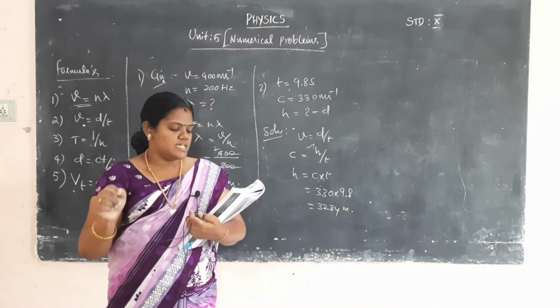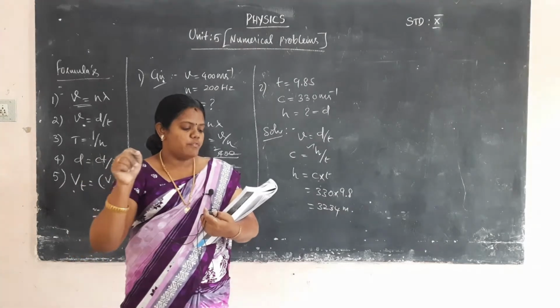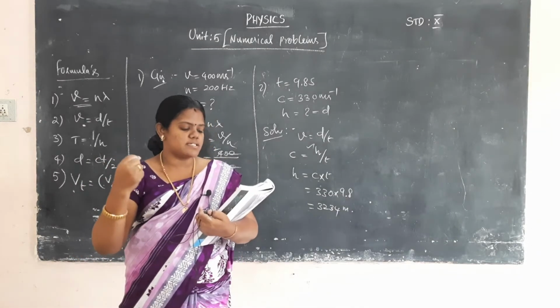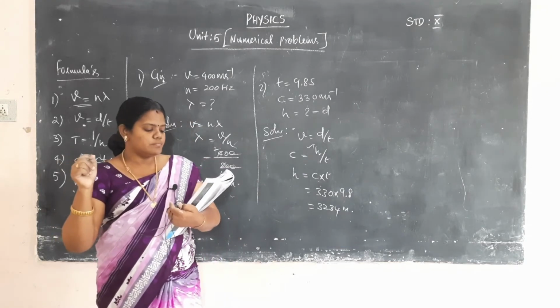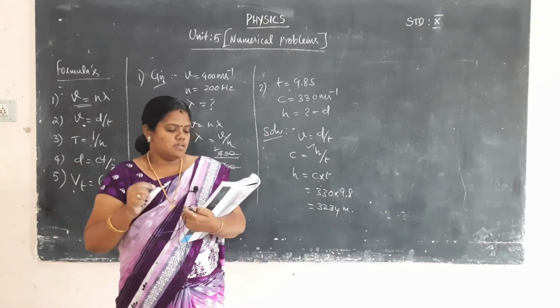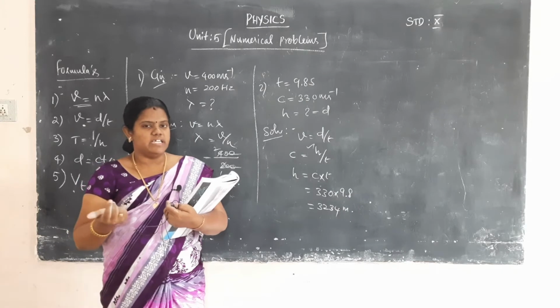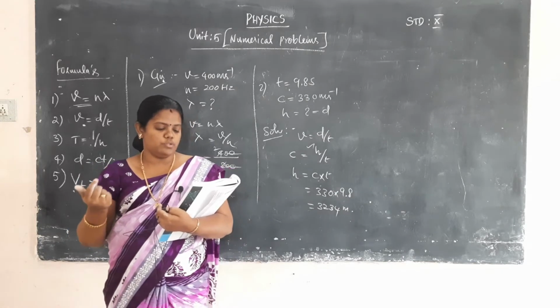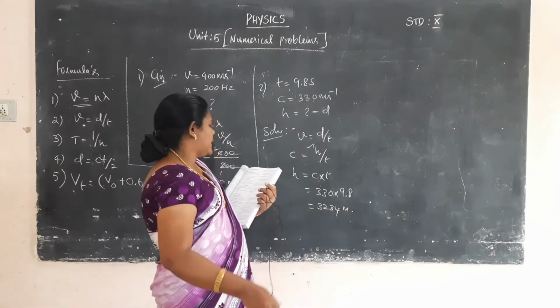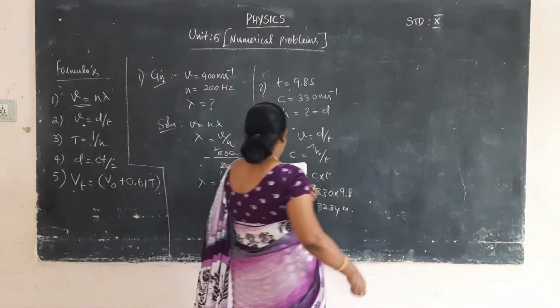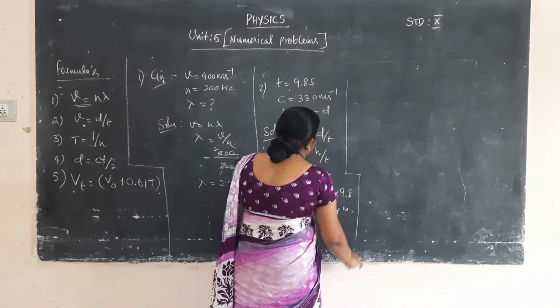The frequency is 600 Hz. Find the time period between successive compressions from the source. So we want to calculate the time period. The distance value is not needed to calculate the time period. Simply, we can easily calculate the time period by the use of frequency.